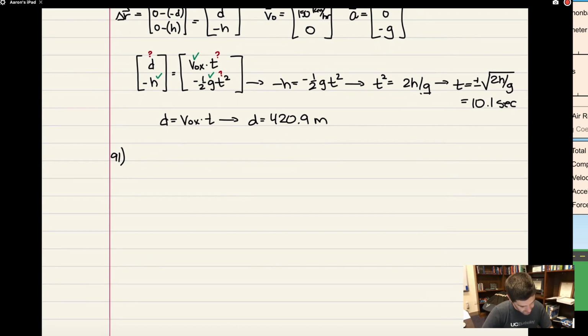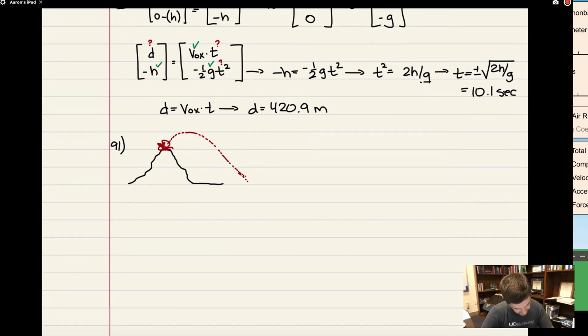So there's some volcano which launches a rock of debris that goes up into the air and then eventually falls down and hits the ground. And we are told that the height of the volcano is something.